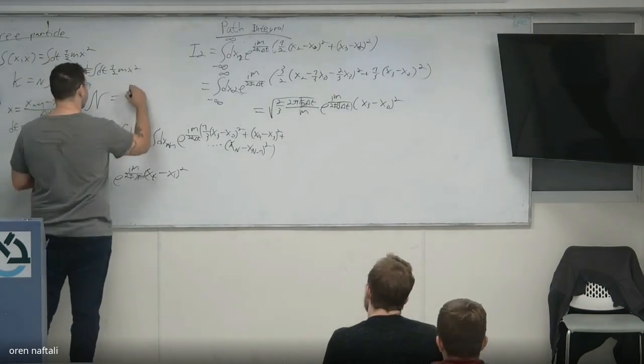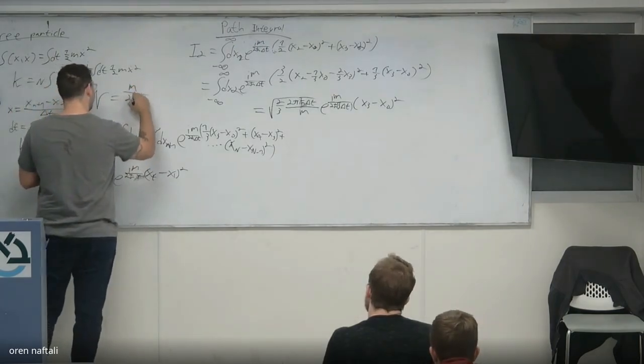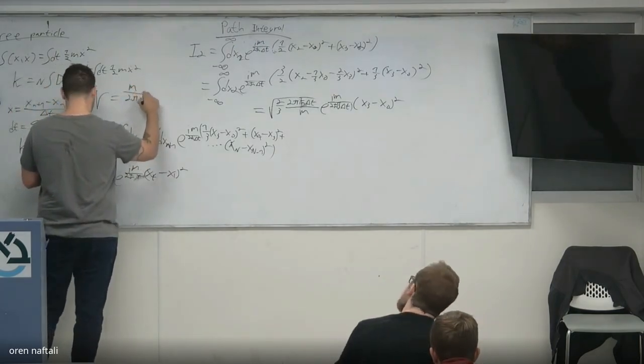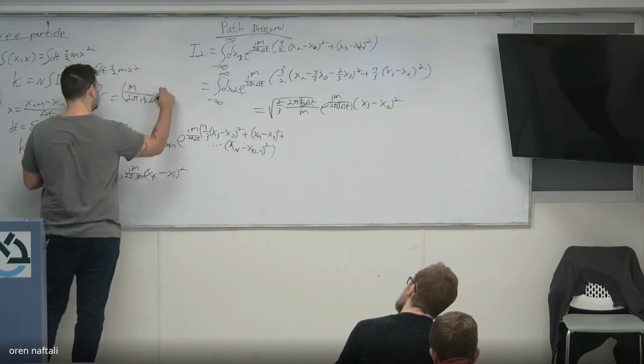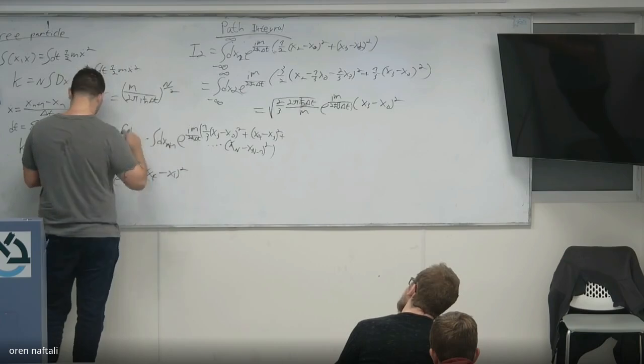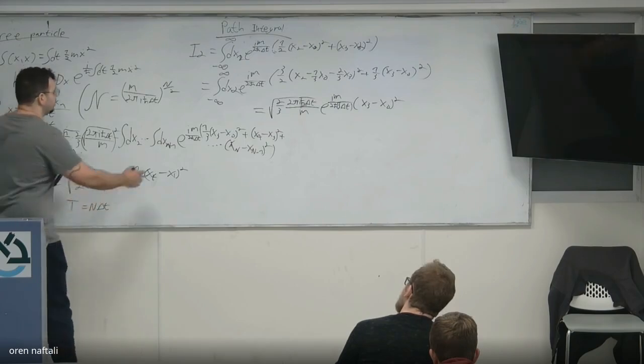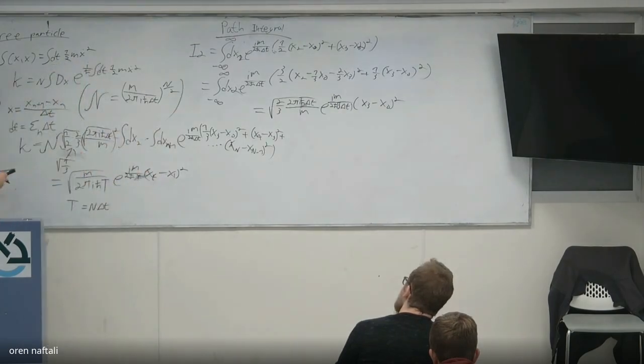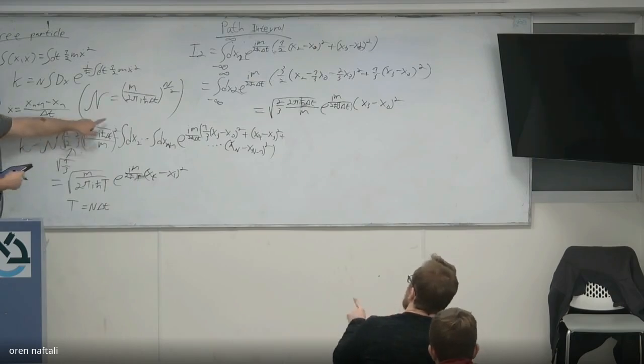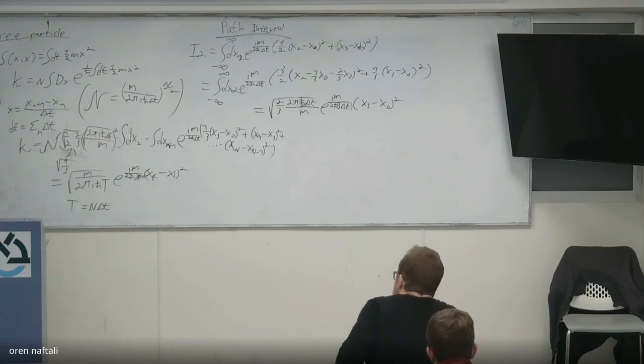N is equal to m divided by 2 pi i h bar delta t, over 2. And yeah, that's enough. That's after you. So after I cancel them out, yeah.